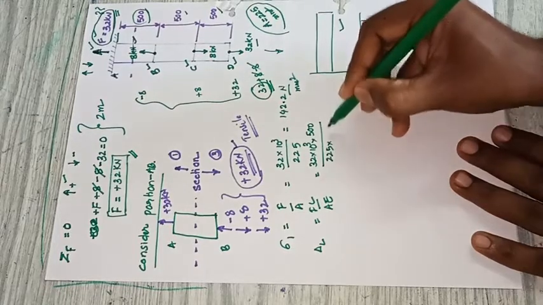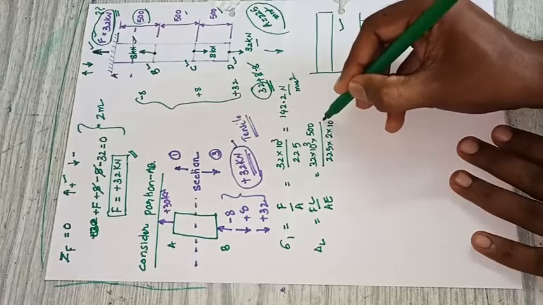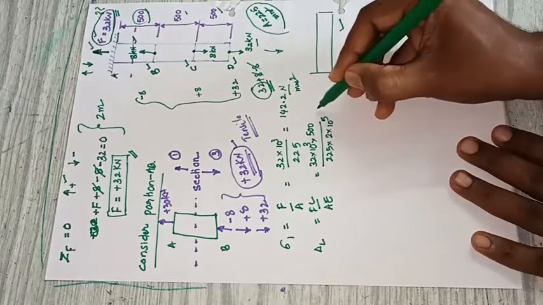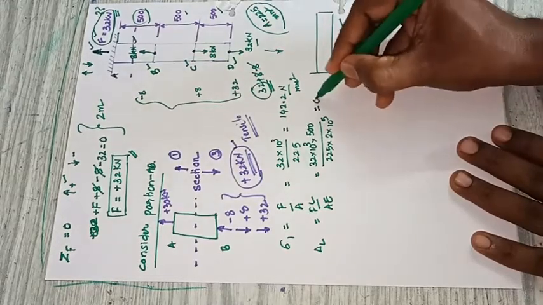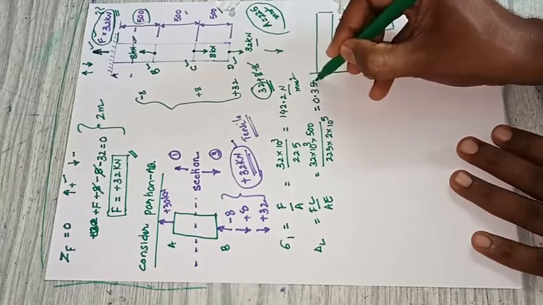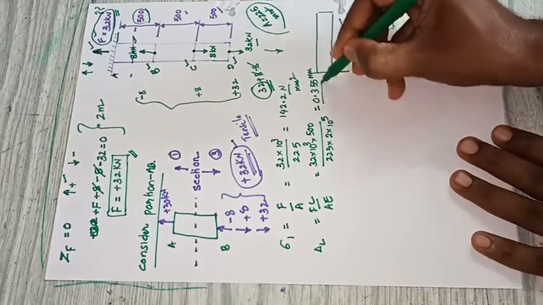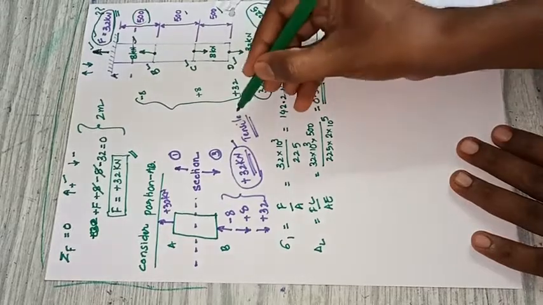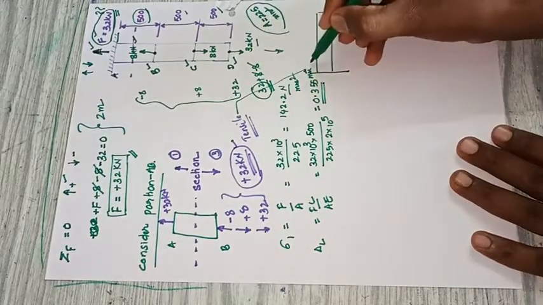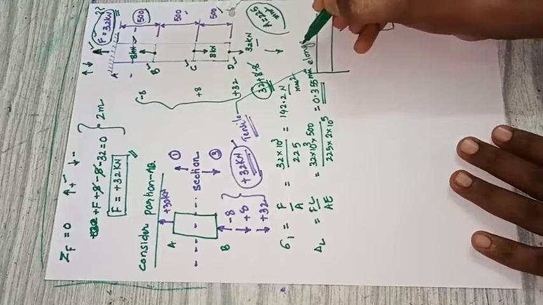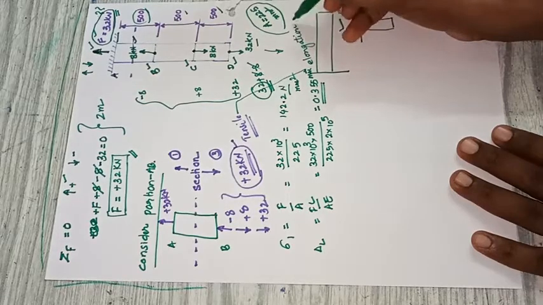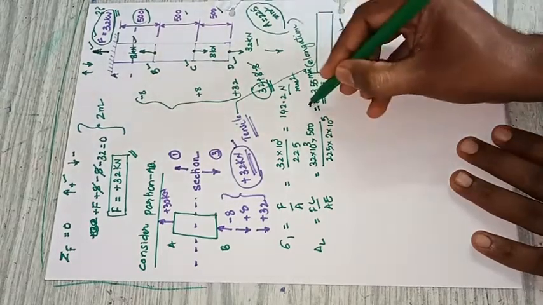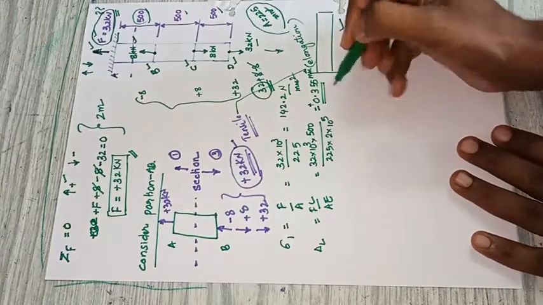We assume that it is steel, or it may be given in the problem, E is 2 into 10 raised to 5. So the answer is 0.355 mm. This is the elongation, because we have a tensile force. I will write here as elongation. Elongation we always take with a positive sign.